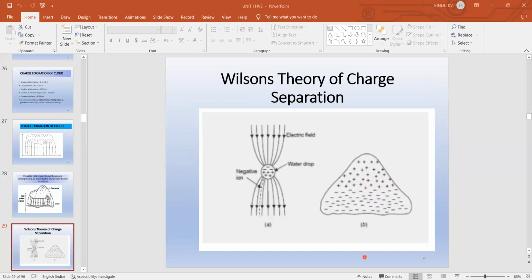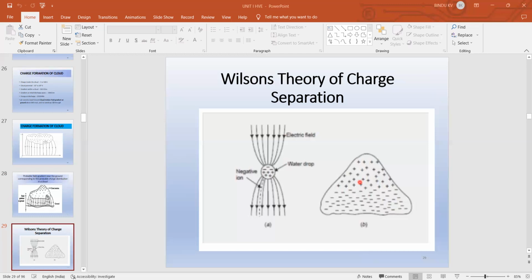Wilson's theory is based on the fact that a large number of ions are present in the atmosphere, both positive and negative. These ions attach themselves to form small dust and water particles. Also, Wilson's theory assumes that an electric field exists in the earth's atmosphere, directed downwards towards the earth.